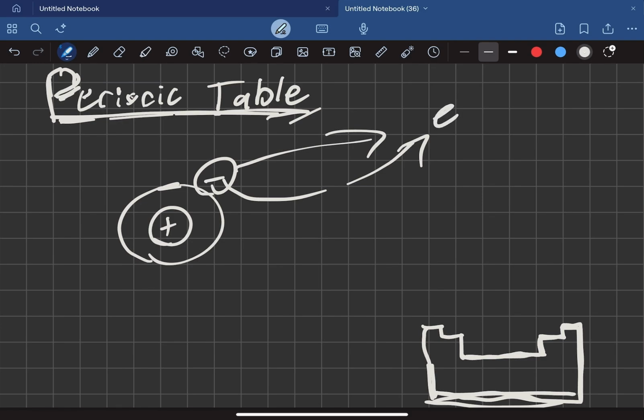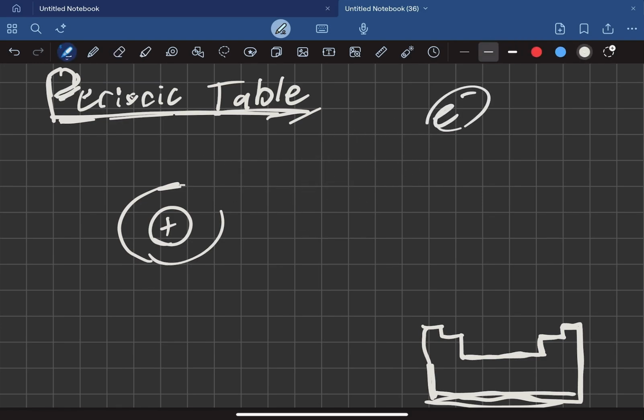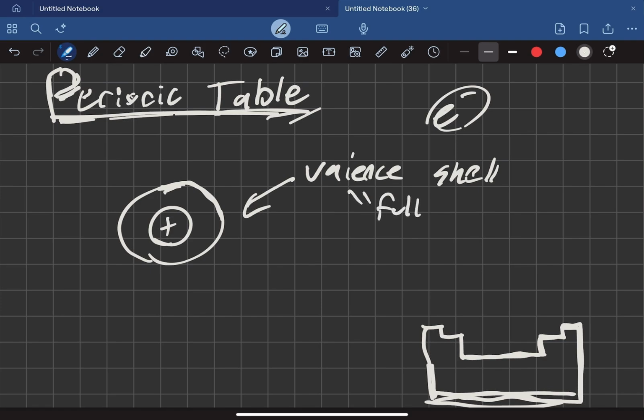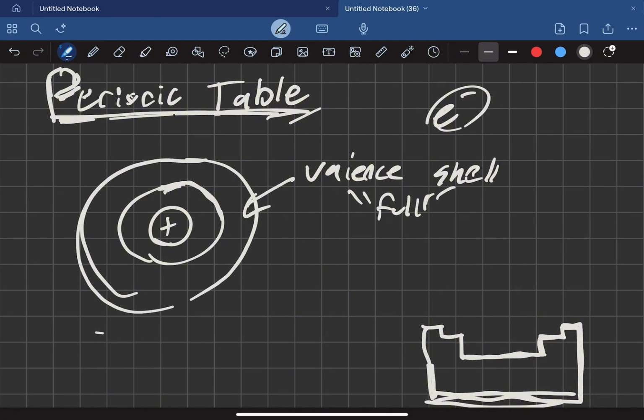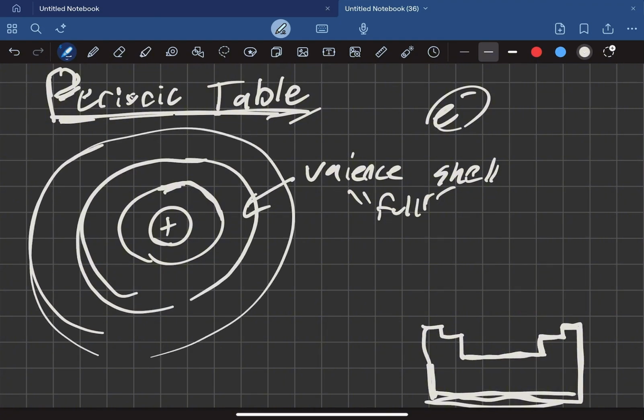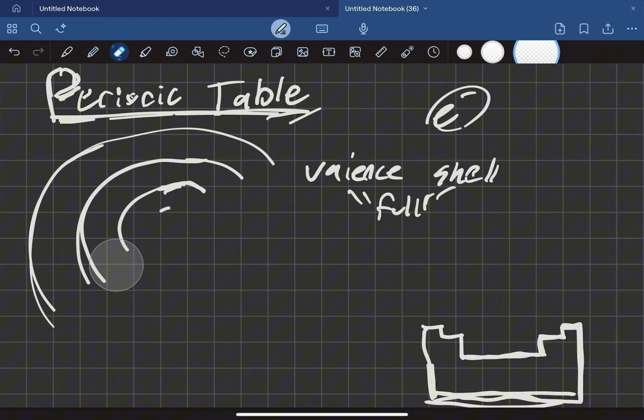And now it doesn't really have its valence shell full, because now it doesn't have any valence shells, but that's also stable. Because technically, in all instances, it always has all of these shells around it and they're all empty. So really an empty or a full shell is stable. Both of those are actually stable.